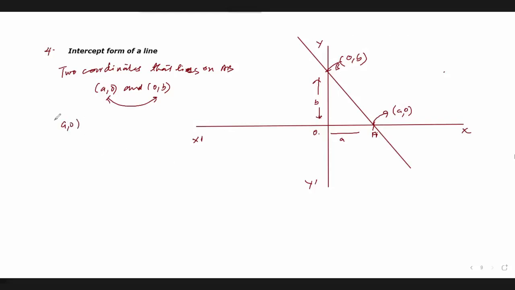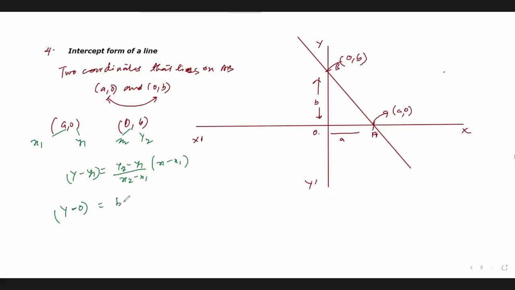So a, 0 and 0, b. Let us take a, 0 as x1 and y1. This is x2, this is y2. And what is my equation? y minus y1 is equal to y2 minus y1 divided by x2 minus x1 into x minus x1. So y minus 0 is equal to b minus 0 divided by 0 minus a and x minus a.